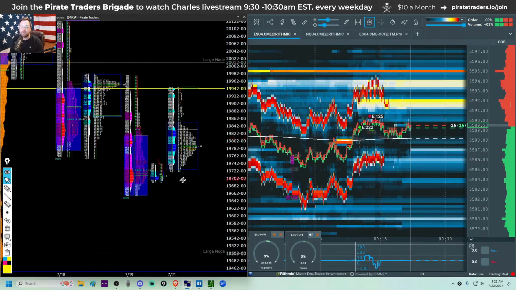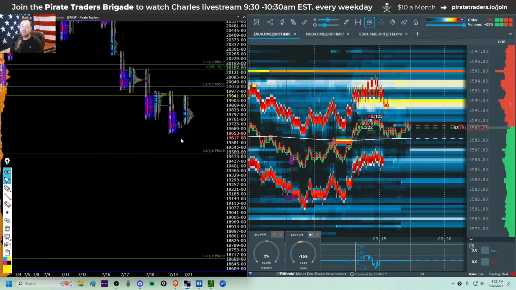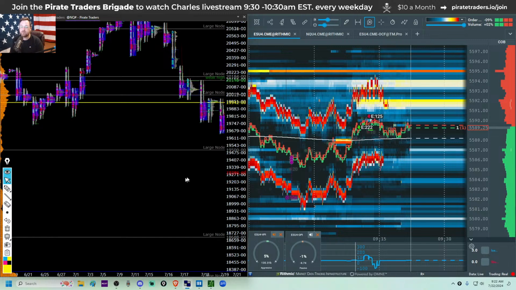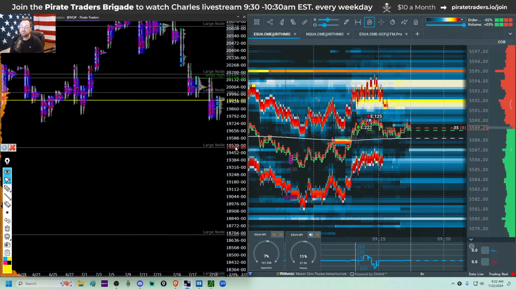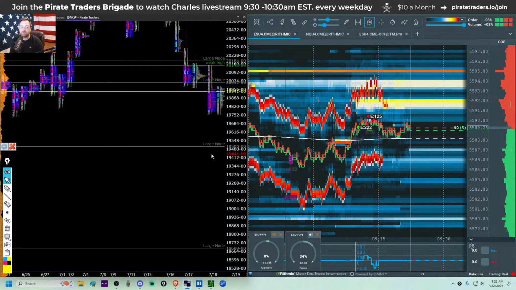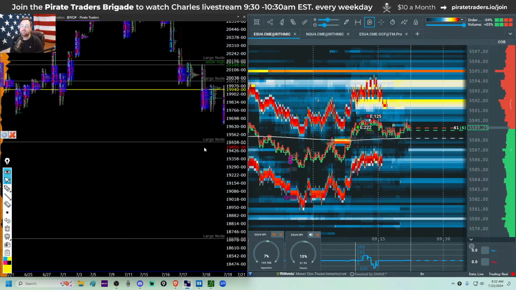So I'm looking at the NQ and I'm saying if they break Friday's low at 19,650, we'll call it 57, they are likely heading to the next large cumulative node of volume. That's going to be right here at 19,500.